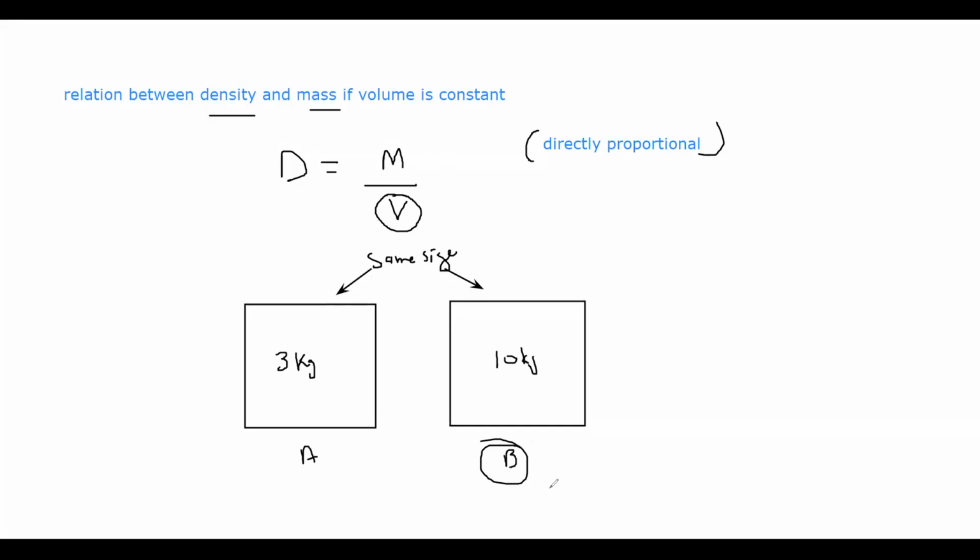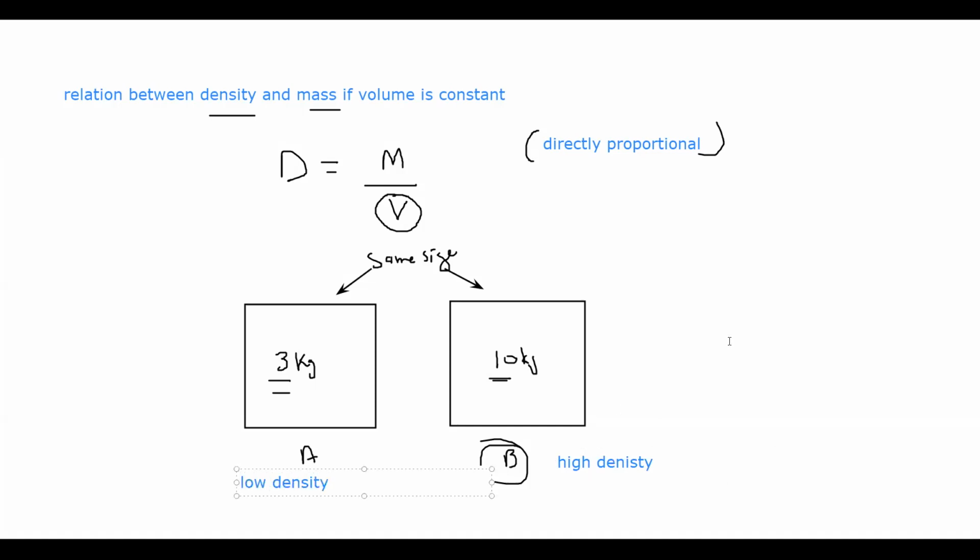So if two objects have the same volume, the one which has a greater mass will have the higher density. One is 3 kilogram, another one is 10 kilogram. 10 kilogram is denser, or it has high density. This one has low density.